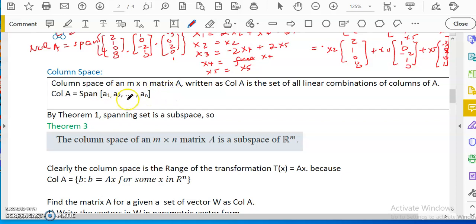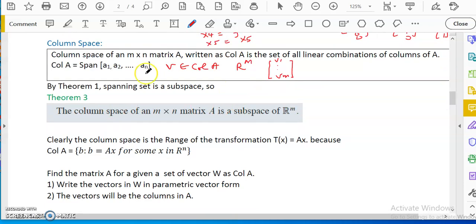Now, each one of the vectors: if v belongs to Col A, meaning v is in Rm, because it's v1 to vm only, since they only have m rows. Because we can write it as a span of something, and a spanning set is a subspace, Col A is also a subspace. But it is different from Nul A, which is a subspace of Rn.